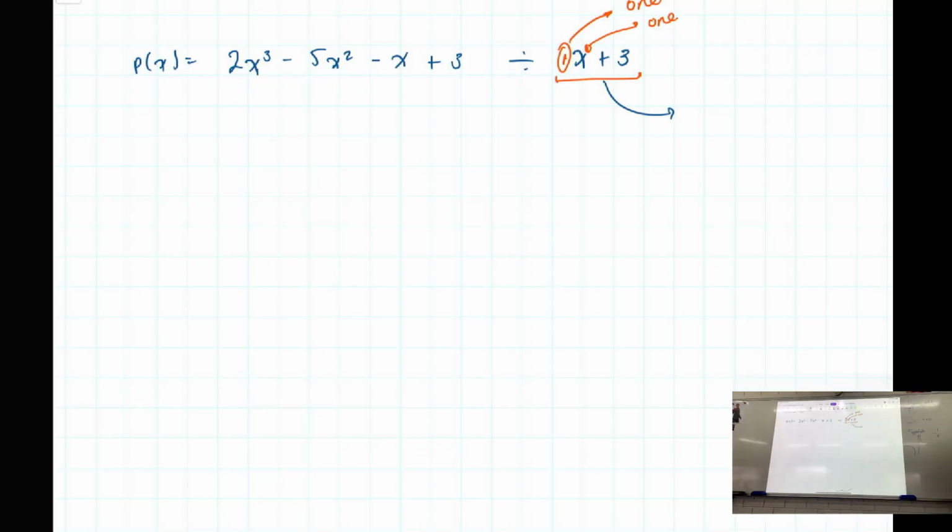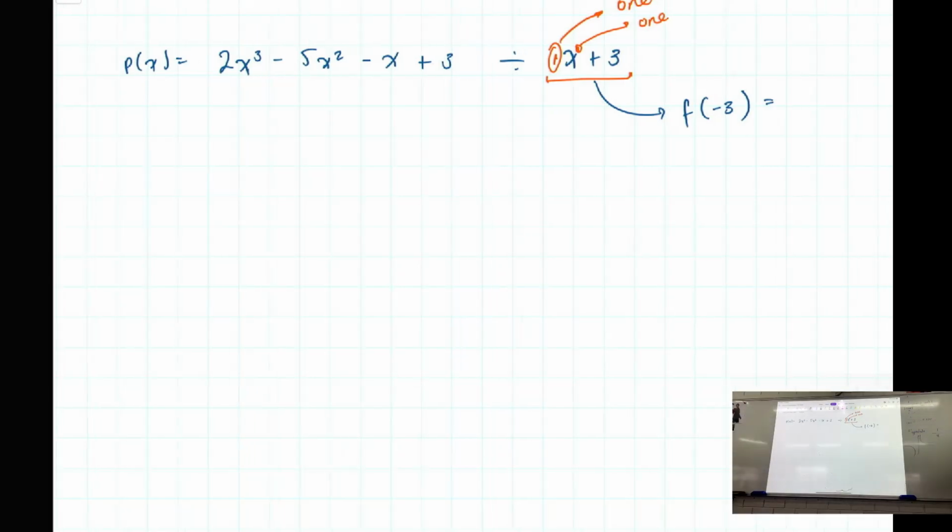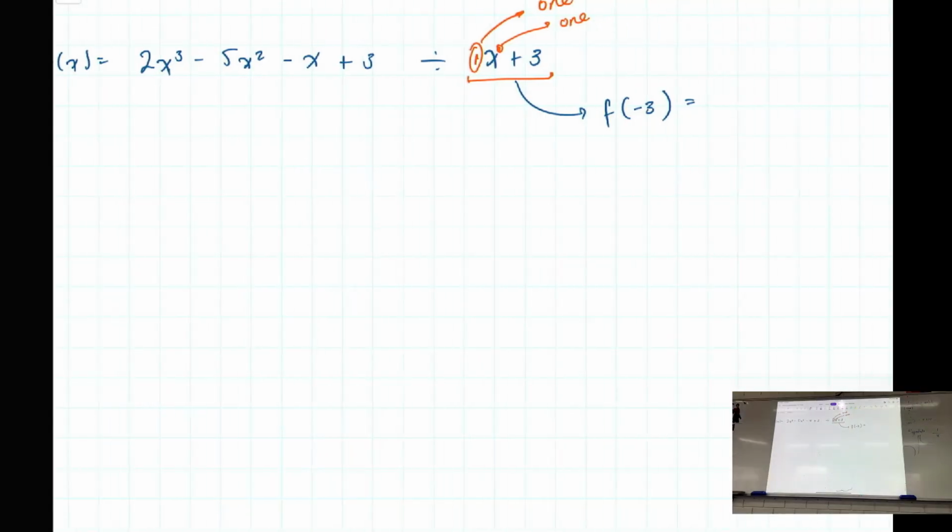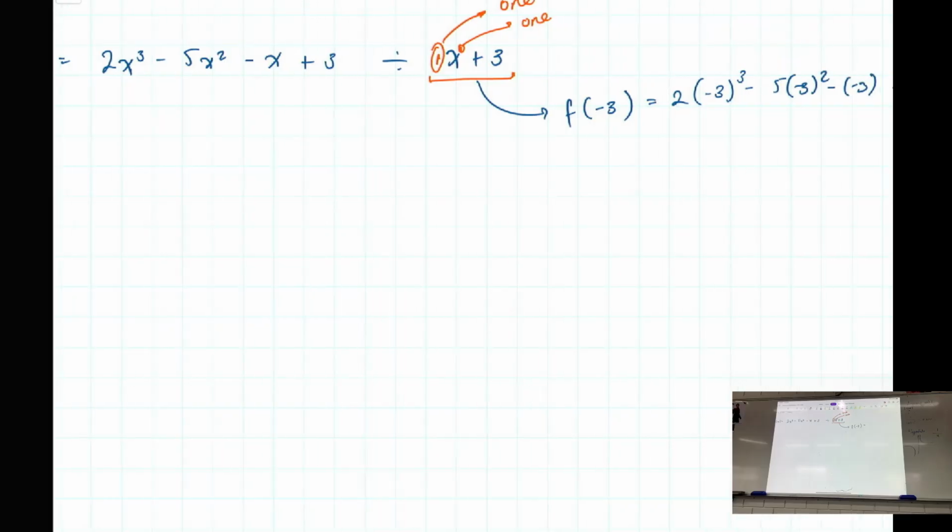So basically, I did f of minus 3. Do you all agree with that? To give me a remainder. So what was the remainder of minus 3? Can you do it in your calculator, please? Do f of minus 3 and give me the remainder. Let's do the remainder theorem here. So there will be 2 times minus 3 cubed minus 5 times minus 3 squared minus minus 3 plus 3. What's that?